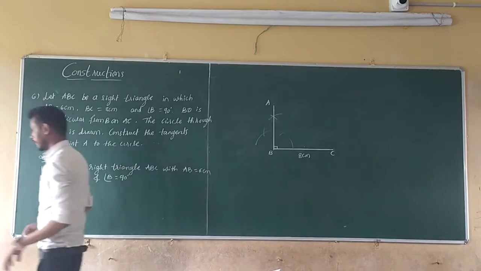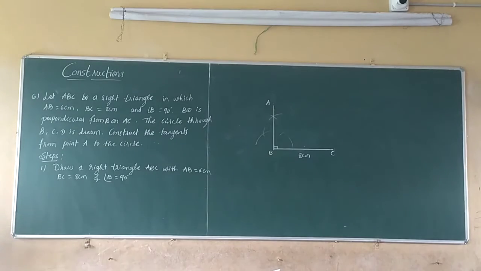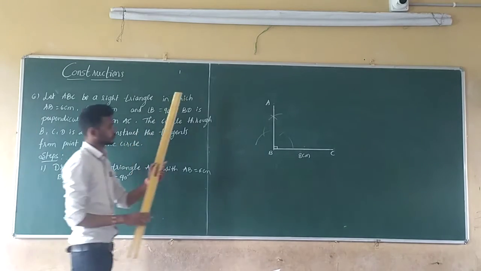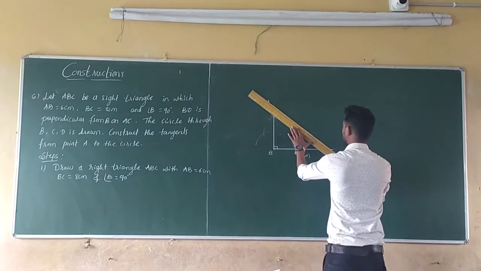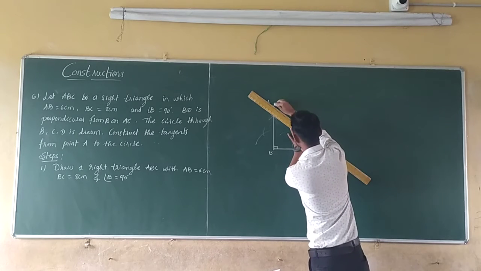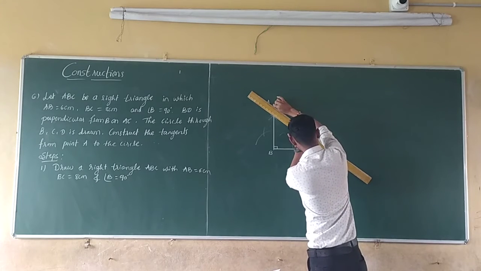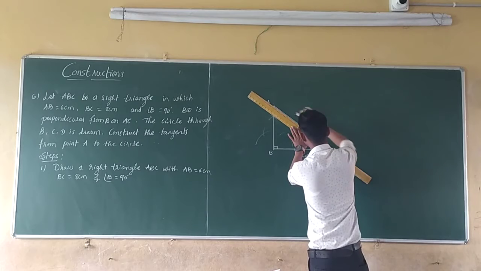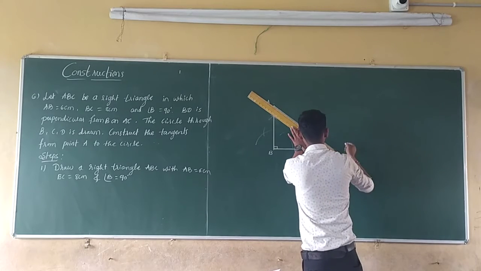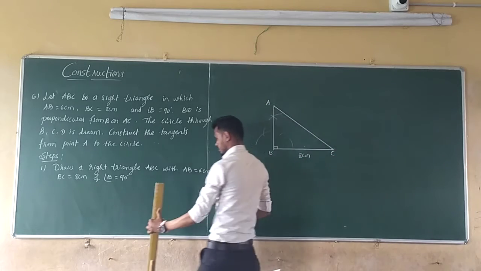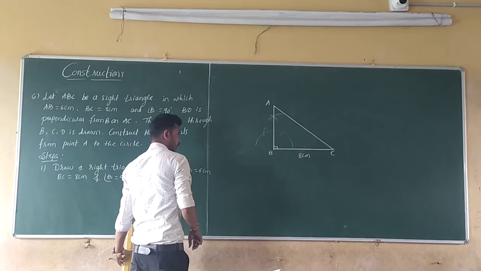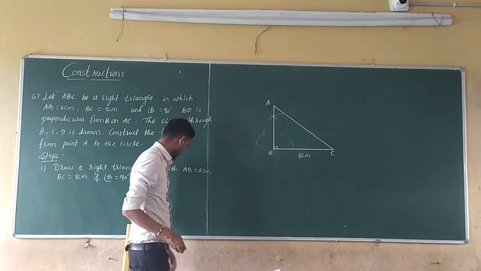We will get triangle ABC. So this is a right triangle ABC.